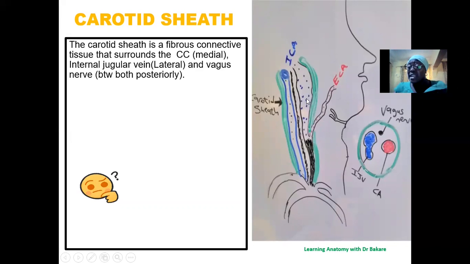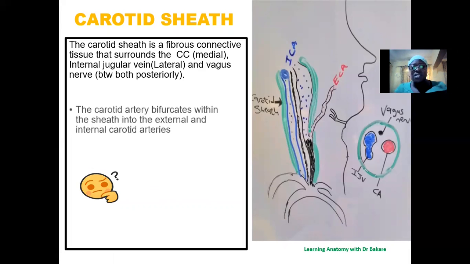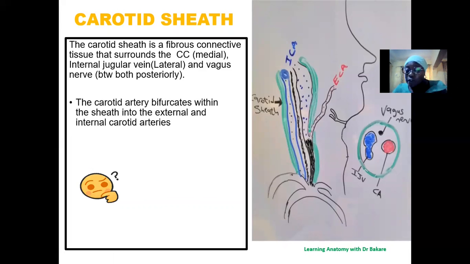There is also a unique kind of presentation that the carotid artery presents within the carotid sheath. So let's follow suit to see how this unfolds. We say that we have the common carotid artery. As they run upward, they bifurcate and divide into a bigger internal carotid artery and a smaller external carotid artery. At this level, the external carotid artery pierces the carotid sheath so as to find its way out to be able to run through to supply the head, face, and neck region.